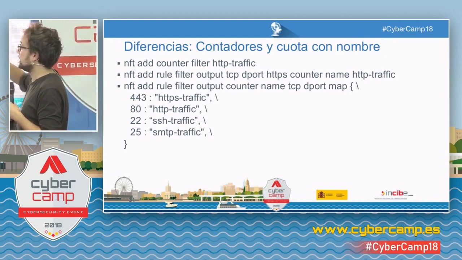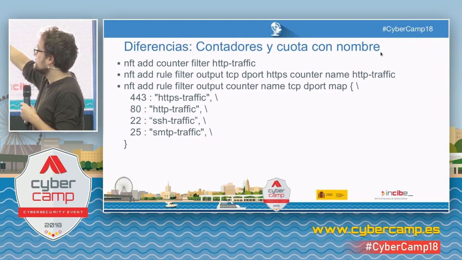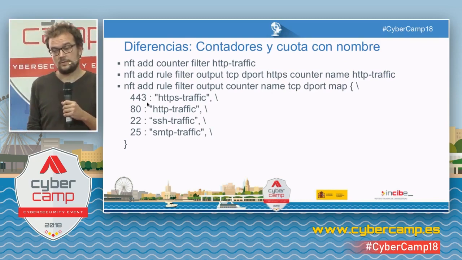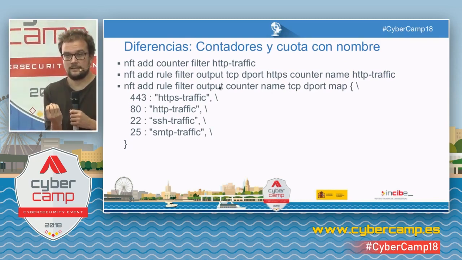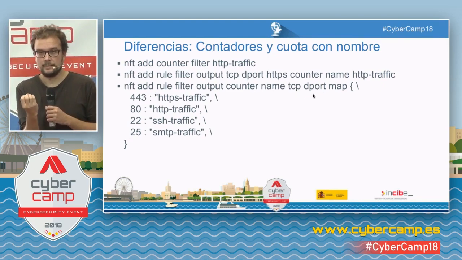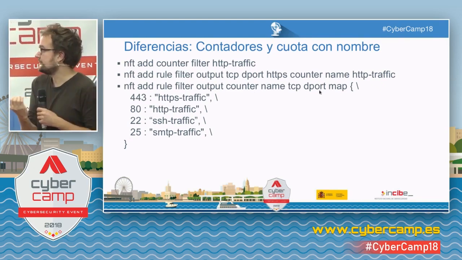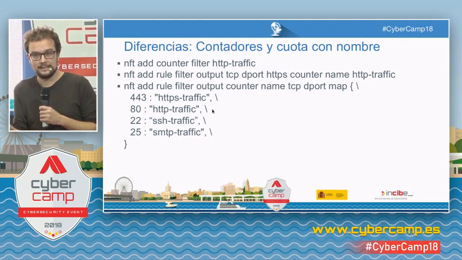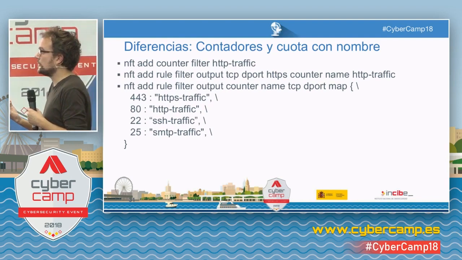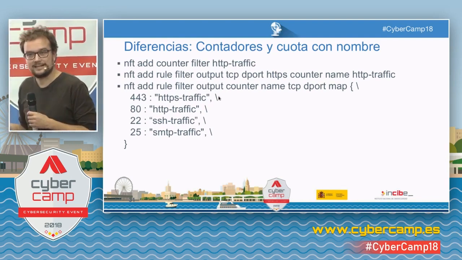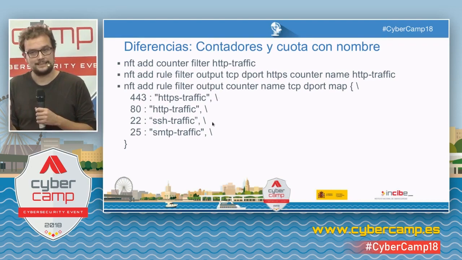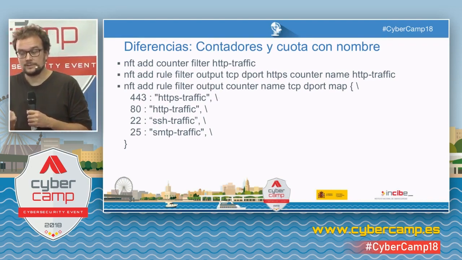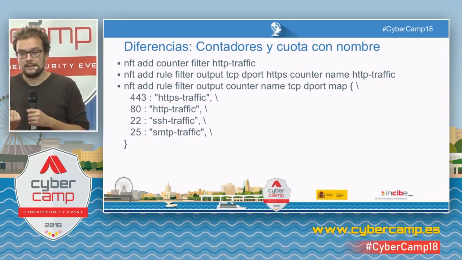Here we can see an example map where the name of the counter will be updated and obtained depending on the IP destination port. So I would use the object HTTP traffic to count the traffic. So we would be updating, for instance, HTTPS traffic with 443 or HTTP traffic with 80.